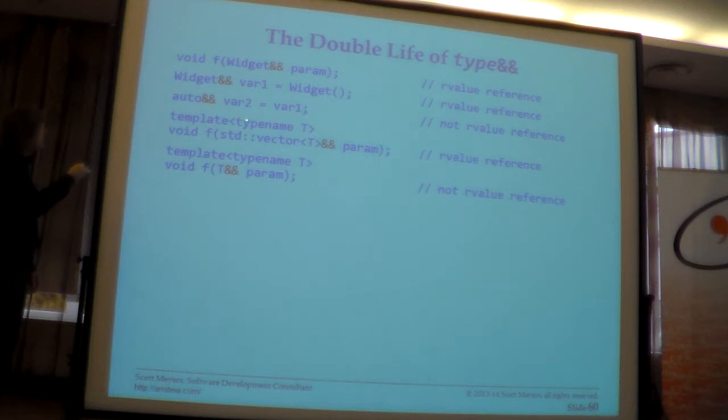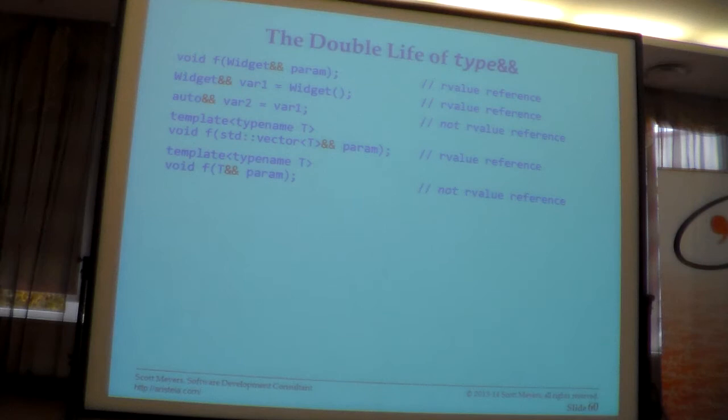If I say template, void f takes a vector of T&&, this is an R-value reference. If I say template typename T, void f takes a T&&, this is not an R-value reference. Now, it is not obvious by looking at these examples what distinguishes an R-value reference from a non-R-value reference. So that's what we need to do now.